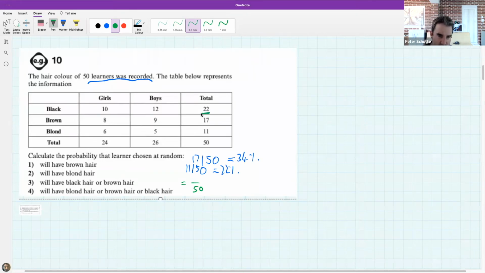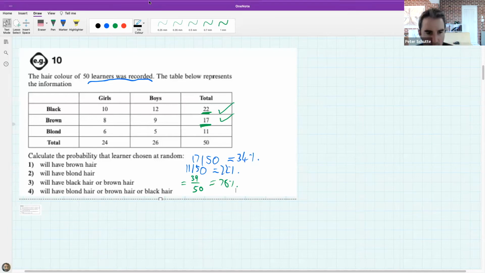So black or brown, those are both going to be happy outcomes. So if I ask what's the probability of getting someone with black or brown, I add them together and I get 39 out of 50, which is the same as 78%.